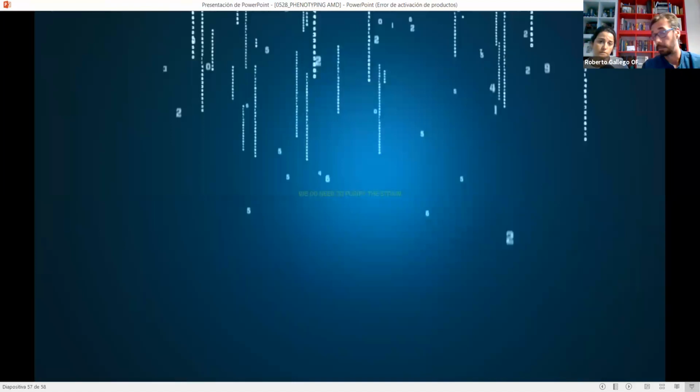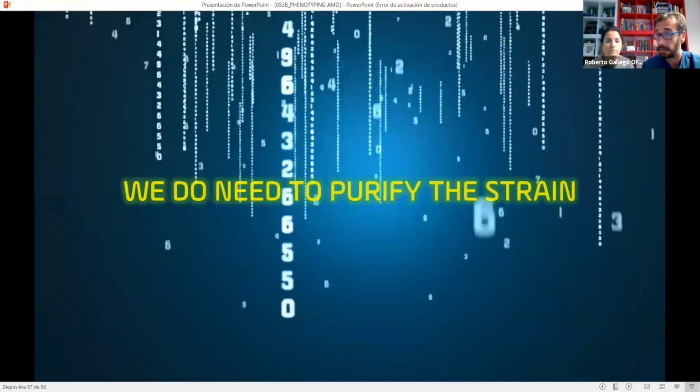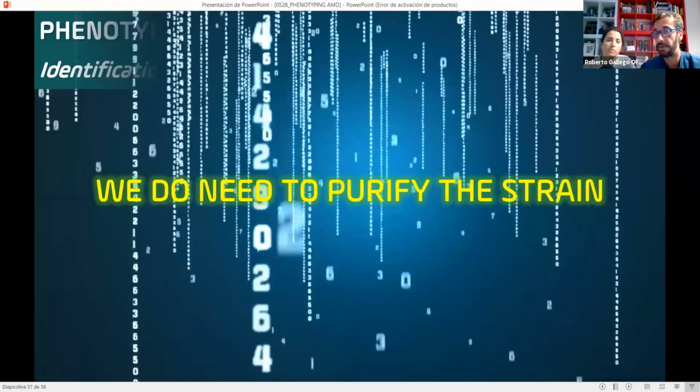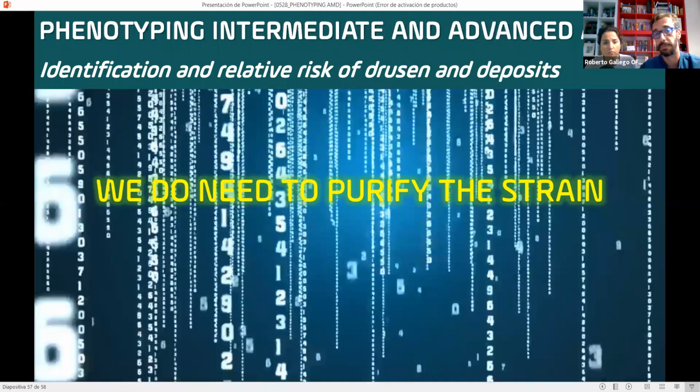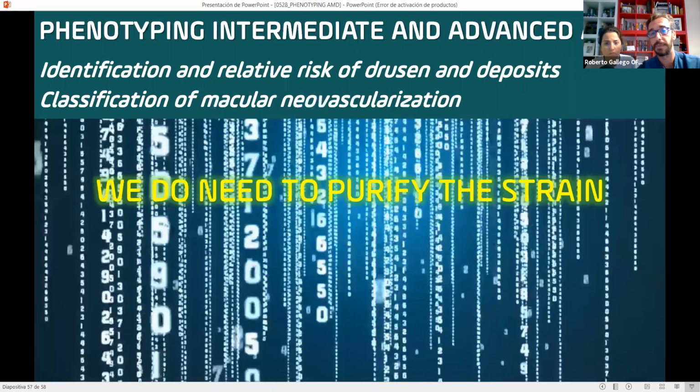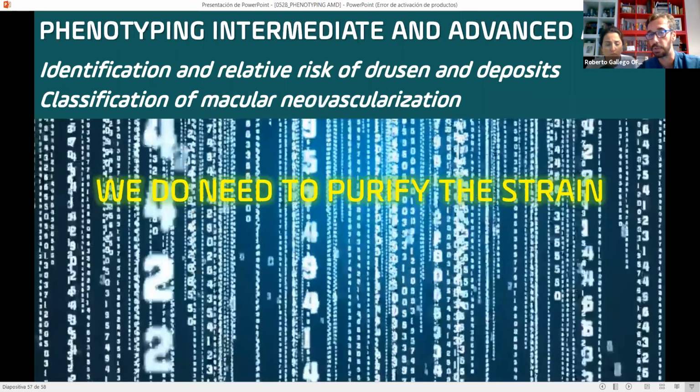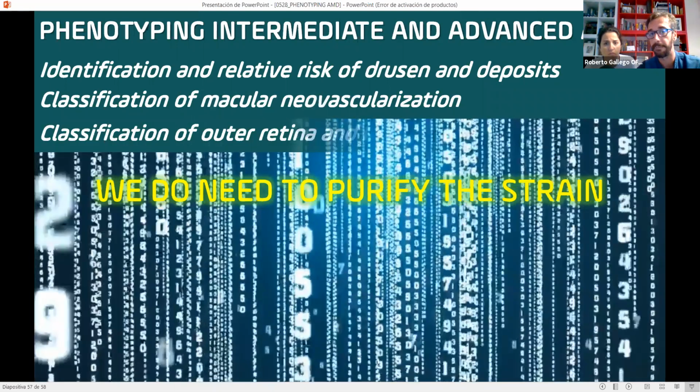So to summarize, I think we all agree that we need to really purify the strain of AMD more than we are used to. We have reviewed some risk factors related to drusen and deposits in intermediate AMD.